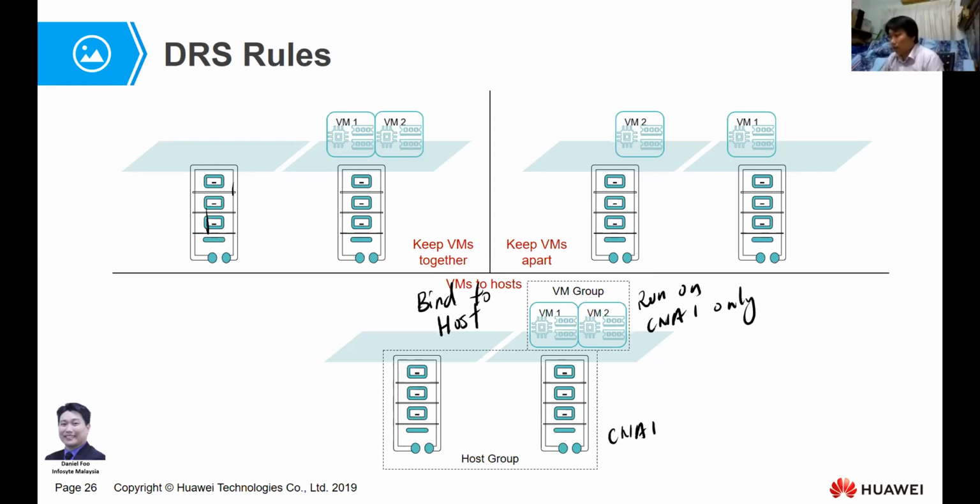You do not want the virtual machine to move around to other CNA hosts. You can define an extra rule here, telling the system that this virtual machine only runs on CNA1, for example. So in your virtual machine, there is a bind to host function, just to control this particular virtual machine to run on this host. Okay, so this is the DRS rules.